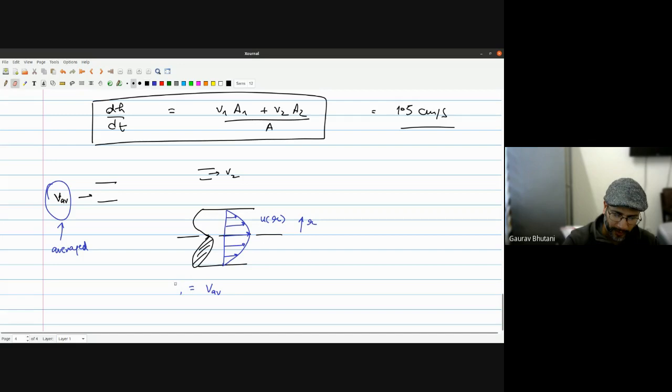So we are saying, use the black color, volume flow rate for all the expressions we have been writing, the 1D approximations and so on, is equal to the area of cross section of the pipe times the average velocity.